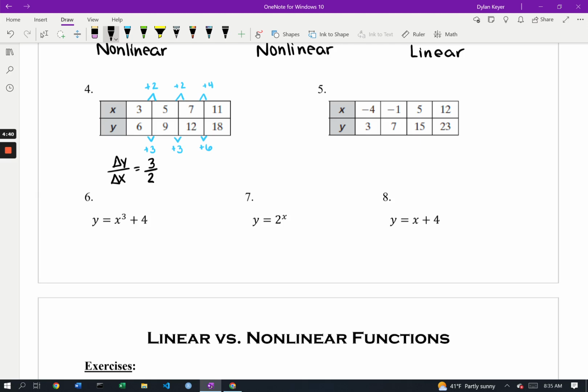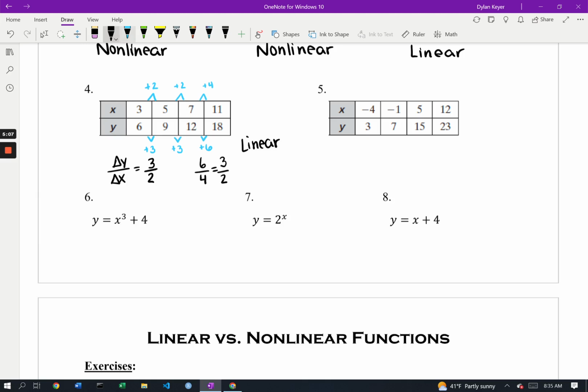We want to make sure that this is constant throughout the entire table. Don't just check one value. So 6 over 4 can simplify. If we divide by 2, it will simplify down to 3 halves. So this is constant. We had 3 over 2, 3 over 2, and 3 over 2. So this is an example of a linear function.